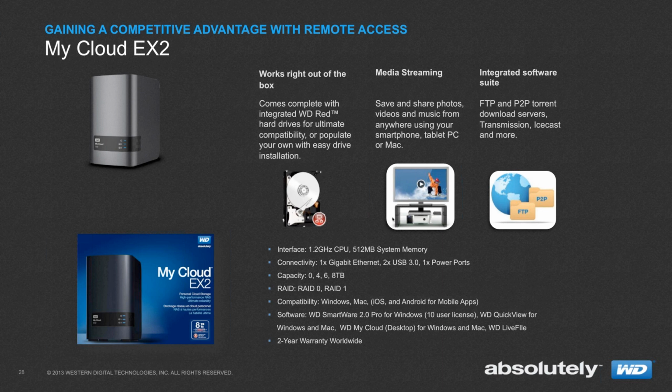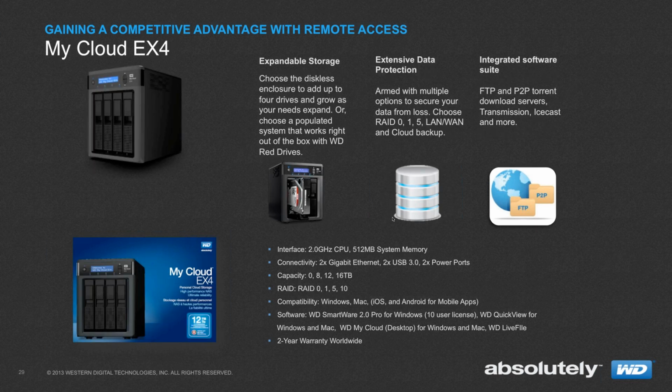So if you're an IT guy and you really want to enable a small work group of users or even a group on a domain, the MyCloud EX2 is great. It runs a Marvell CPU. It has a bit more system memory. This is about a 90 megabyte a second read, 65 megabyte a second write kind of a drive on the local network. All of these devices use WD's personal cloud technology. And so you'll be able to remotely access all this with the MyCloud apps we've been talking about.